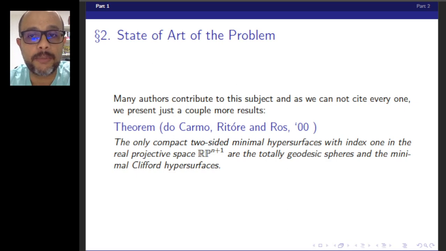But in the projective space, the results are very hard to work with, but they were able to compute the index of the torus and proved that the torus and the totally geodesic spheres are the only ones with index 1 in this space. So, continuing.